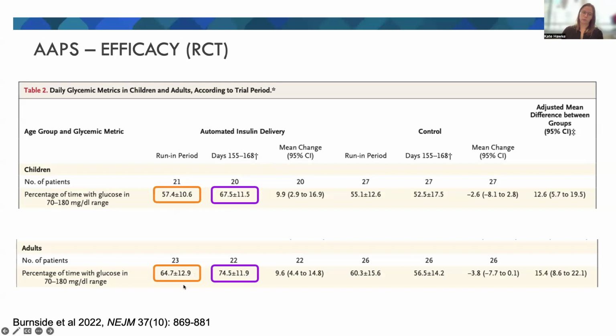And adults also brought up similarly by about 10% from baseline 64 up to 74 once they were on the system. So this is the CREATE trial of aAPS versus sensor-augmented pump therapy. And in the controls, just using sensor-augmented pump therapy, they had no change in their time in range, no improvement in their time in range throughout.